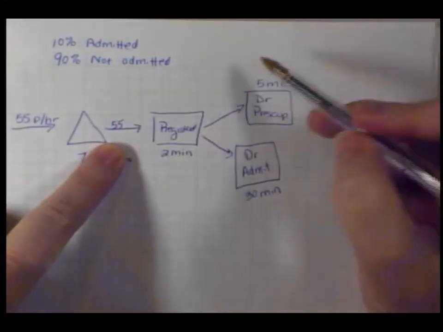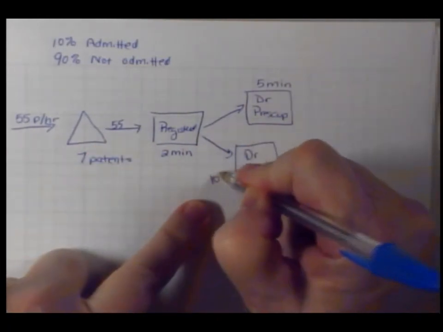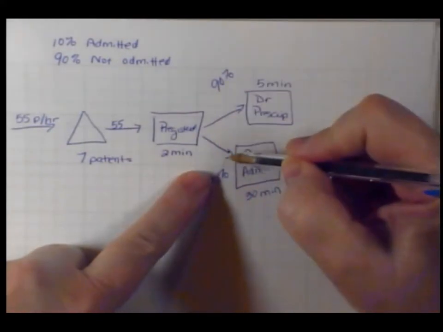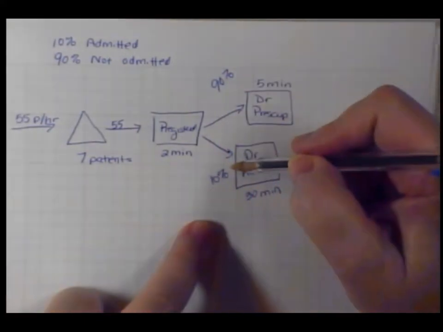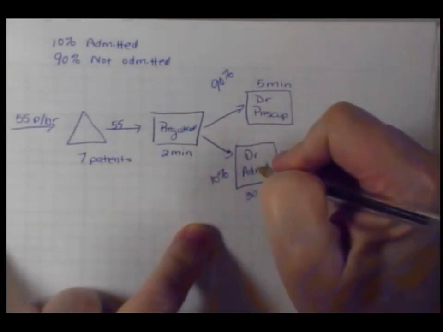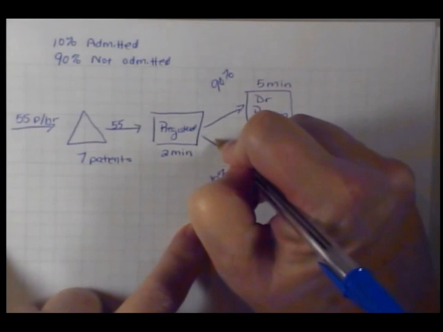Okay, I say that there are 10% that are admitted, so 10% go this route, which means that 90% go this route. So what's my 10% admit? How many patients? 5.5, right? All I'm doing.